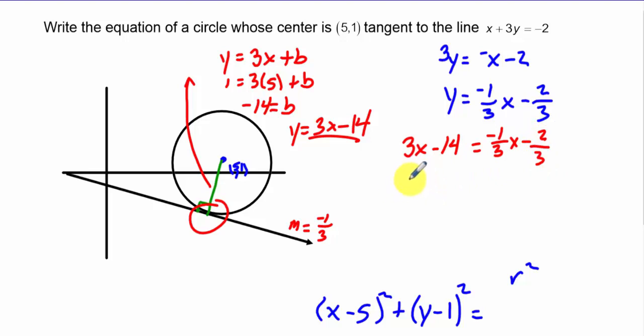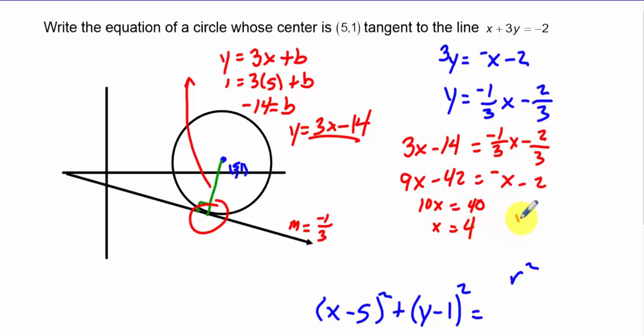Multiply both sides by 3, I get 9x minus 42 equals negative x minus 2. Then I get 10x is equal to, hey, this is going to be actually kind of nice, 40, and x equals 4.